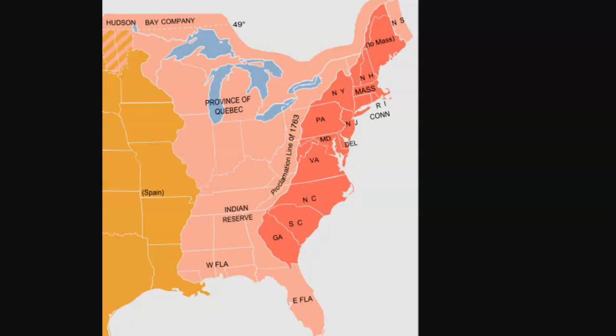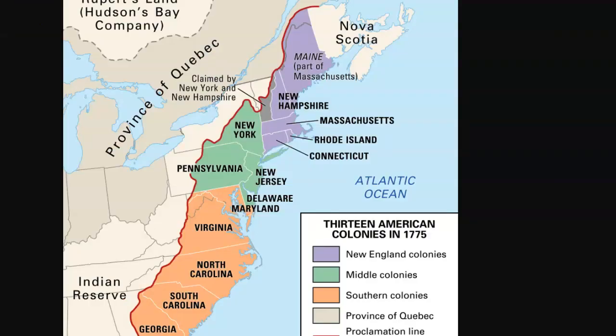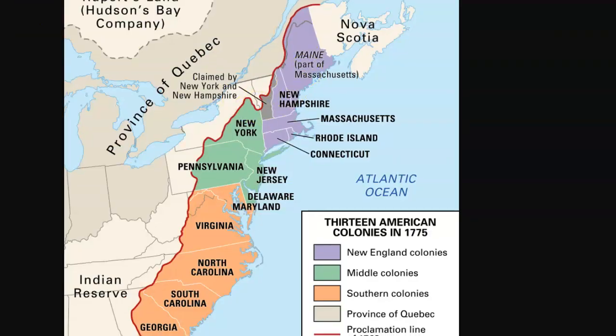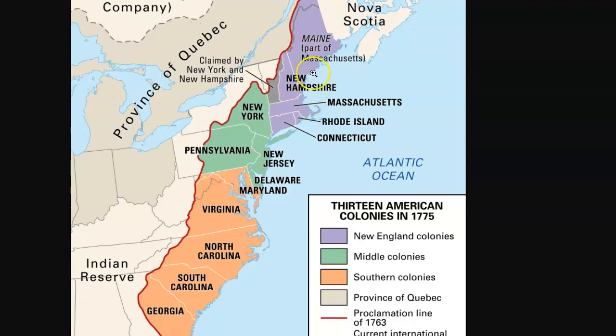Let's take a look at this. There we go. This is another way to look at it. Here you have your New England colonies, your middle colonies, your southern colonies. And there you have that proclamation line and the Ohio River Valley.